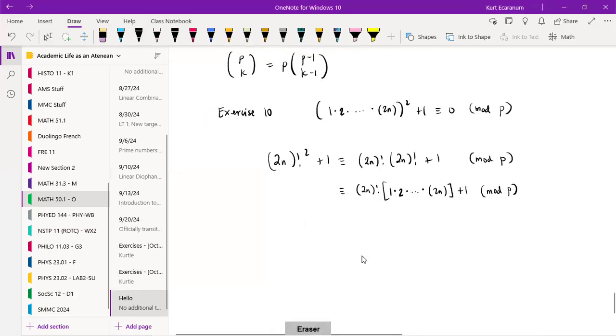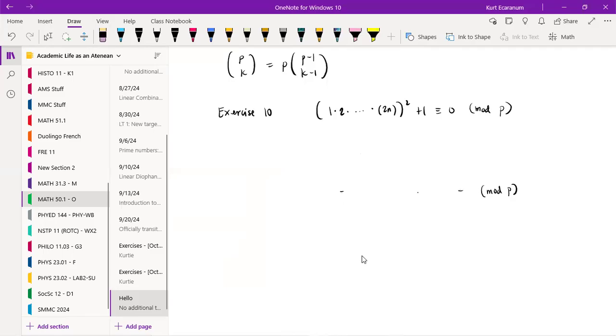Ganito. So let's do an impromptu. So that path doesn't work. So what might work is 2n factorial is congruent to negative 1 modulo p. So as you can see, I am about to backtrack this problem.